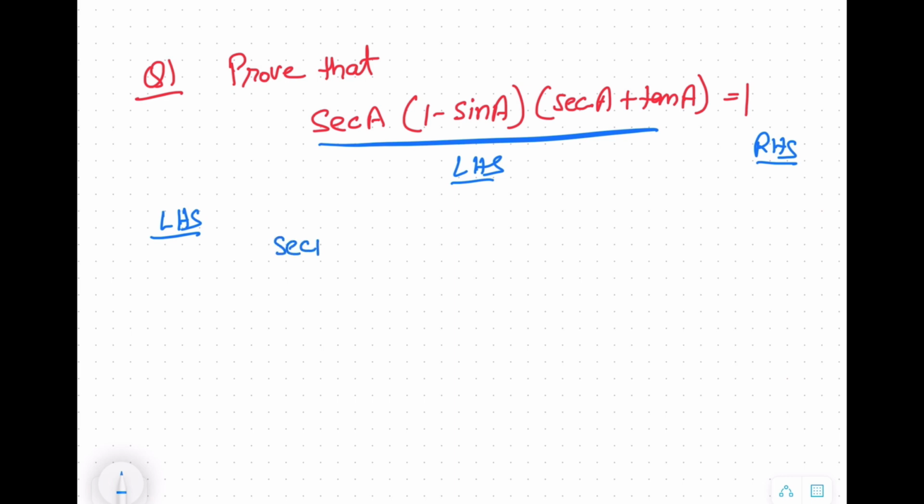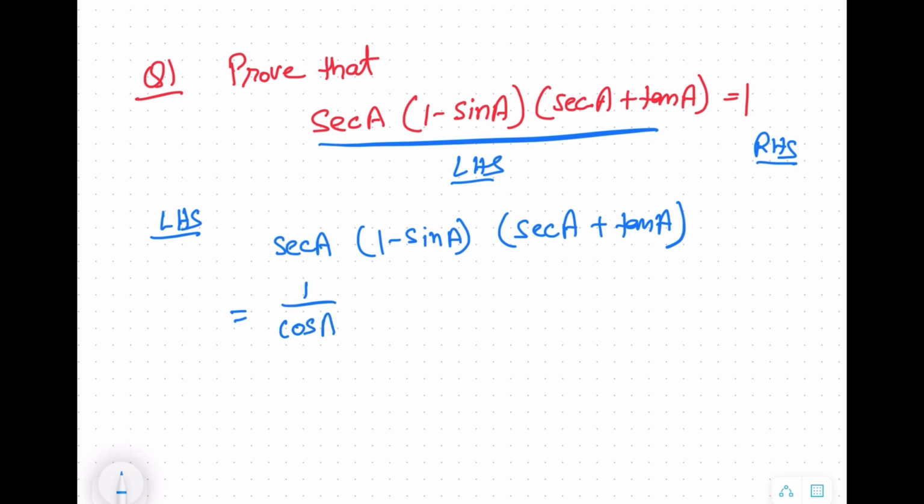Secant A times 1 minus sine A times secant A plus tan A. Now we will convert everything, the secant and tan, into sine and cos. In place of the first secant A we can write 1 by cos A, and secant A plus tan A we write as 1 by cos A plus sine A divided by cos A.